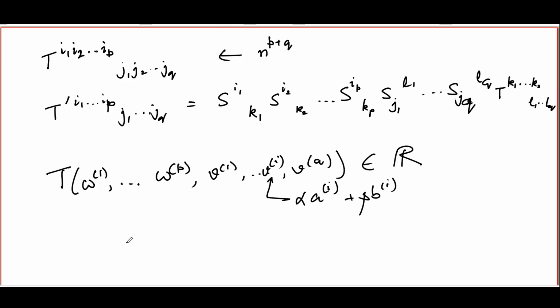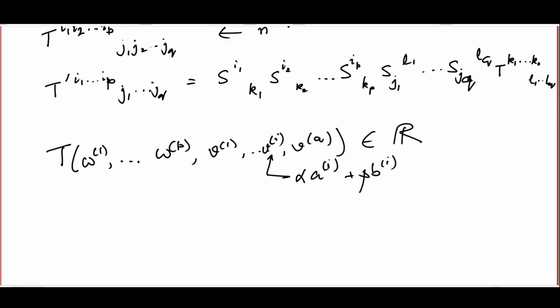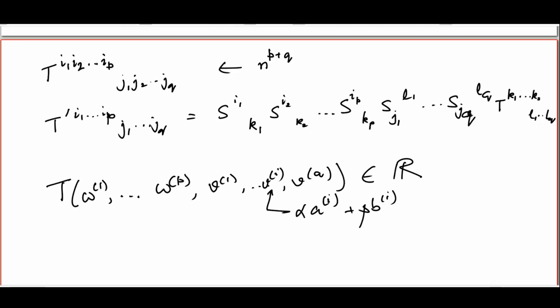And that goes not only for the ith vector, it goes for each of the covectors and each of the vectors. So basically all that a tensor is, is just this: a multilinear map from a bunch of covectors and vectors to numbers. Now, as we have seen in the last lecture, you can actually figure out what the components of a tensor, these numbers here, would be starting from this definition as a multilinear map.